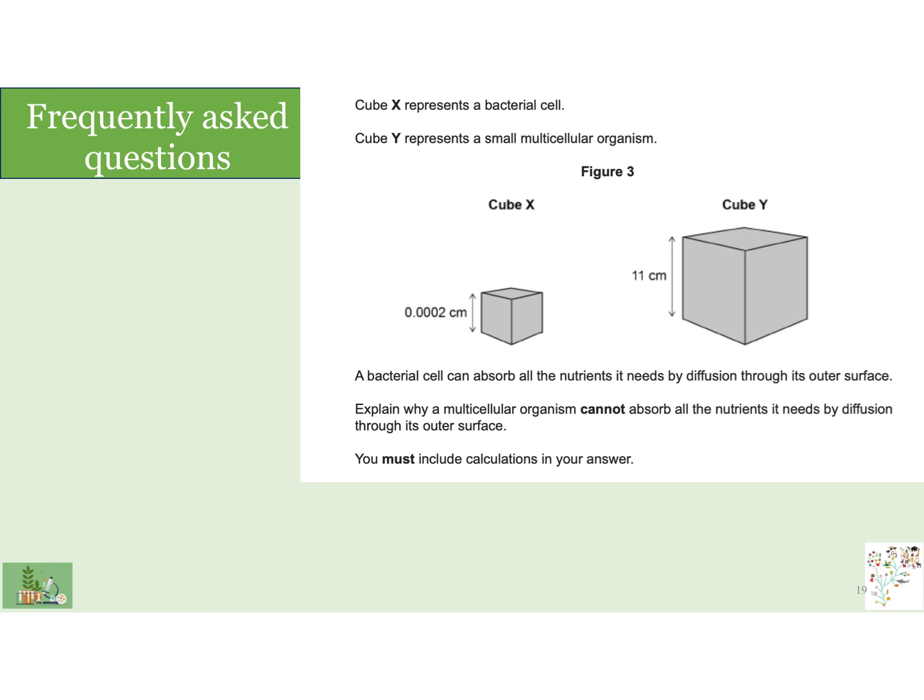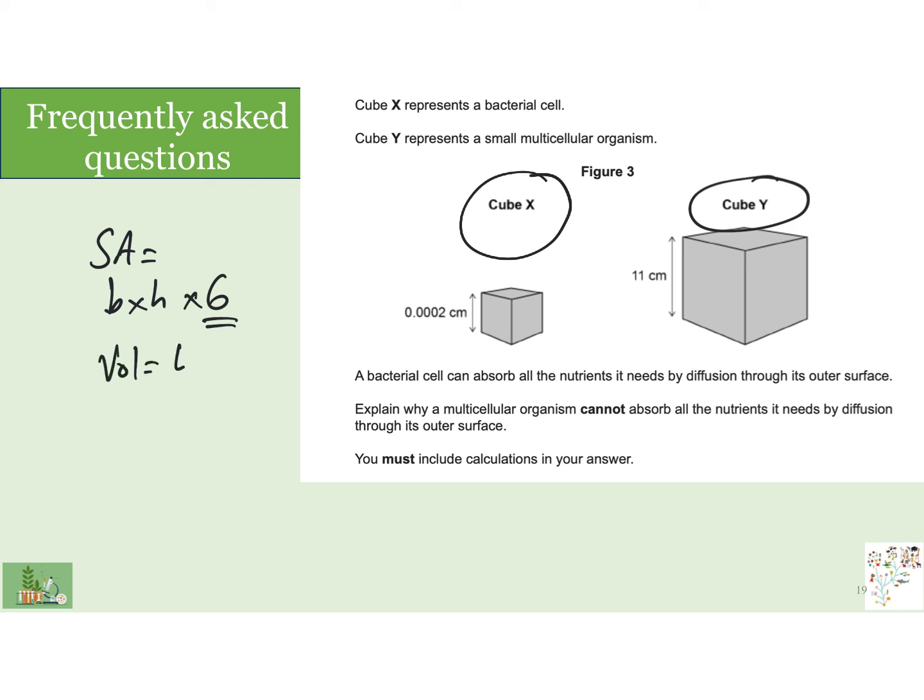This one then is the surface area to volume ratio. So what you'd have to calculate is the surface area to volume ratio of cube X and the surface area to volume ratio of cube Y. So just to recap, to work out the surface area of a cube, it is base times height times 6, because there are 6 sides, and the volume is base times height times width.